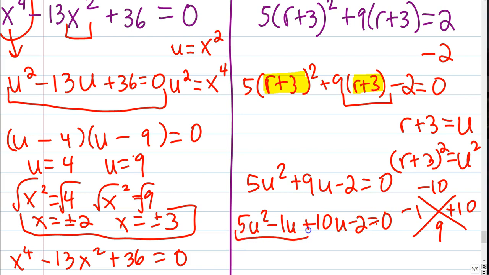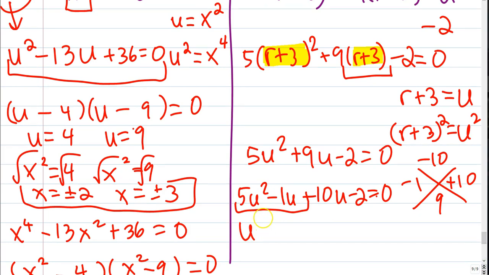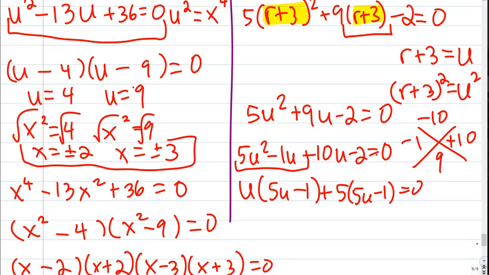The first two have u in common. Factoring out the u gives us 5u minus 1. Second two have a 2 in common, leaving us with 5u minus 1. So in common we have 5u minus 1 times u plus 2 equals 0.